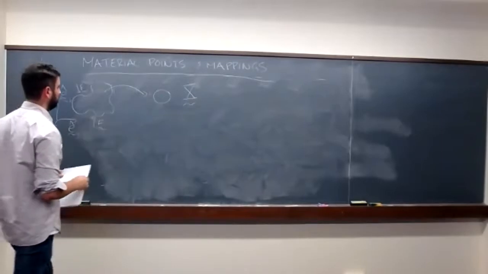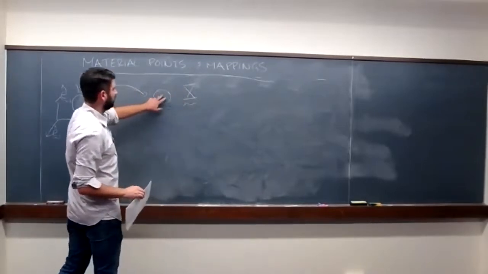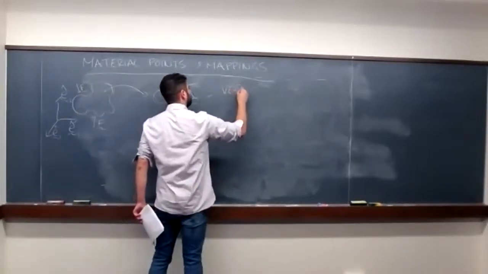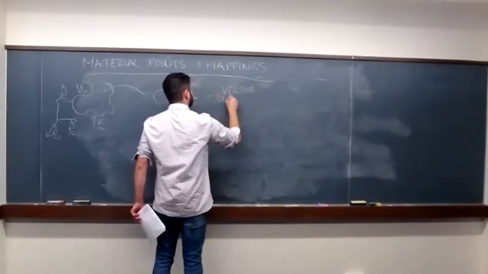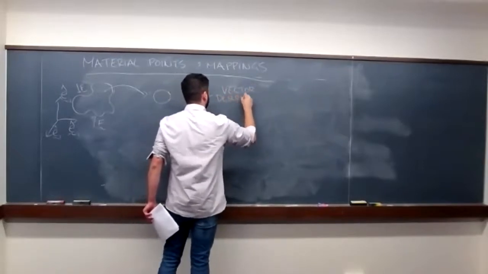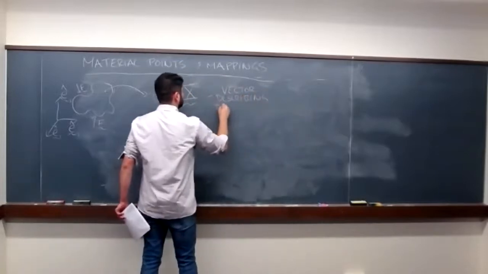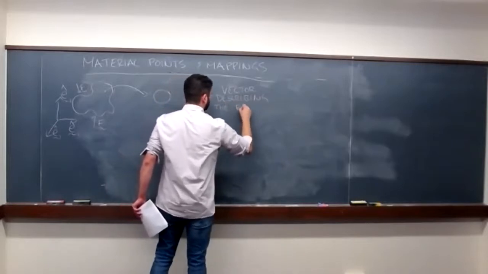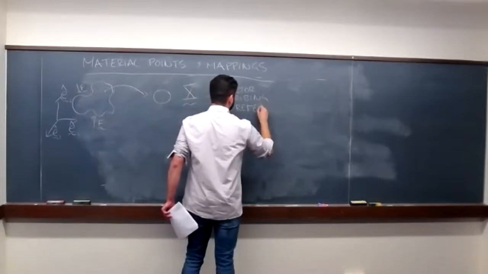And so this X is a vector that describes the position of the material point here. And let's be careful. This is a vector describing the reference or initial position of the material point.